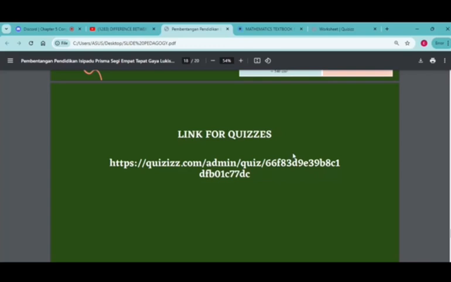For the summary of this topic today, we can learn about shape, size, and angle. For the shape, trapezium, triangle, and others.